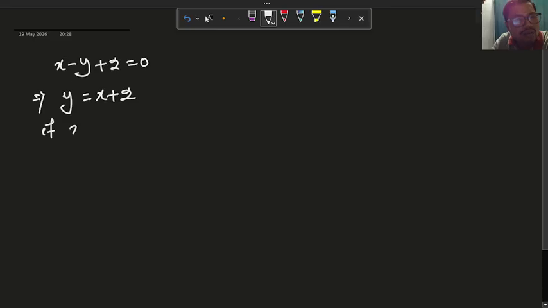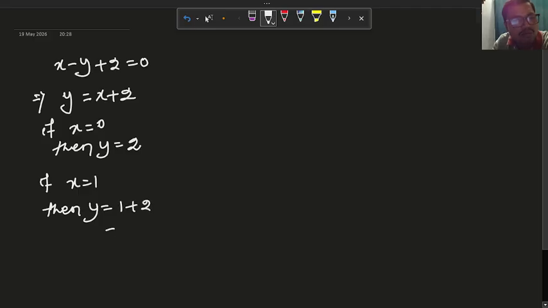If x equal to 0, then y equal to 0 plus 2, means 2. If x equal to 1, then y equal to 1 plus 2 equal to 3. If x equal to minus 1, then y equal to minus 1 plus 2 equal to 1.